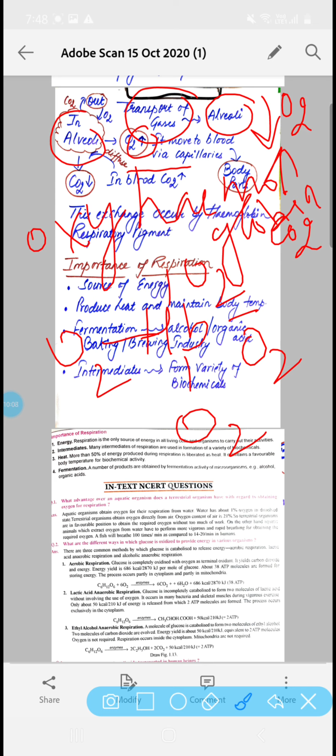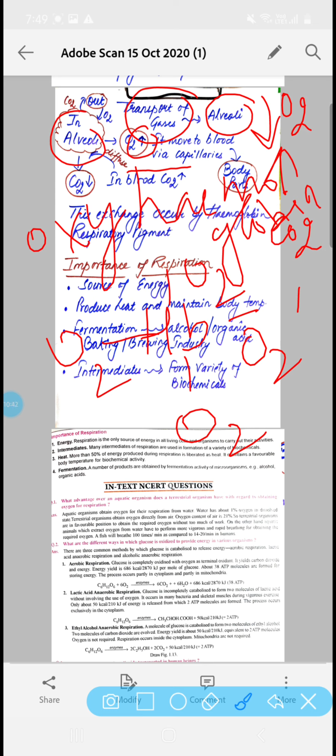Okay, so the oxygen gas diffuses from the alveoli as its concentration is high in the alveoli, and in capillaries the concentration is low, so it diffuses from the alveoli to the capillaries, and these capillaries carry the oxygen to the different body parts for performance of the different functions. Because when the body parts are performing any kind of activity, they require energy, and to get the energy oxygen is required.